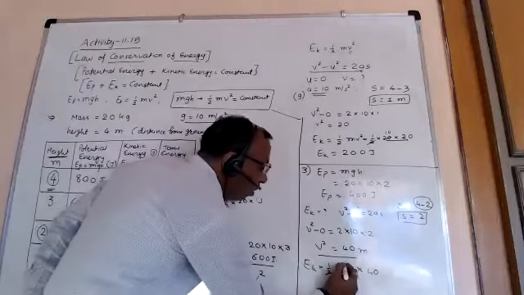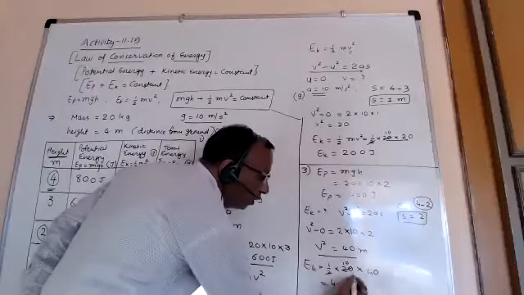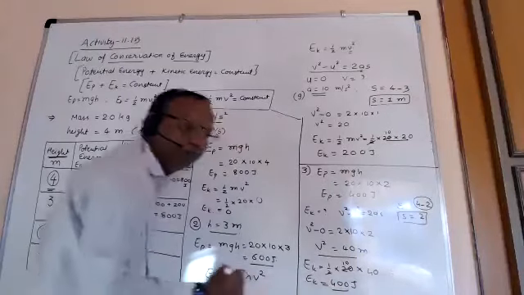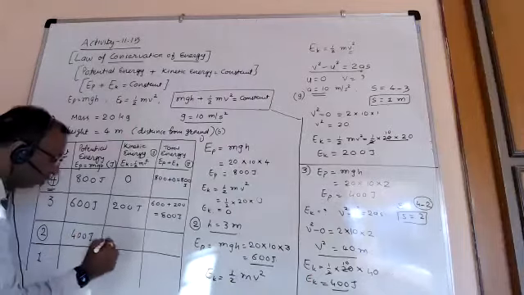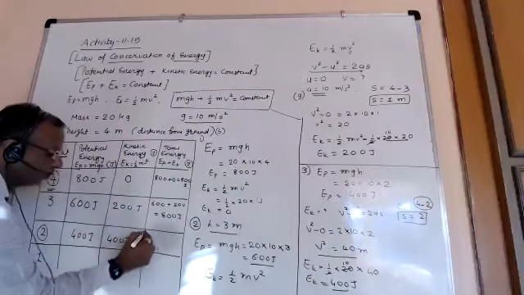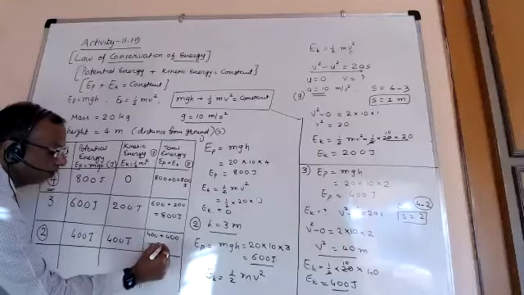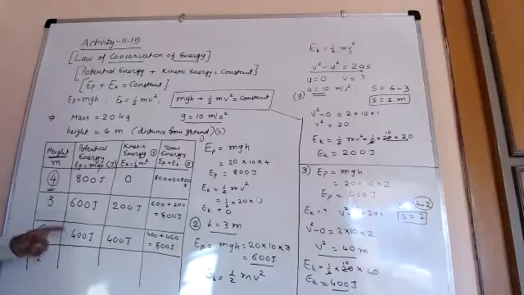So this is 10, 10 into 40, that is 400. So we get the answer 400 joule. You can see 400 plus 400 is equal to total 800 joule.